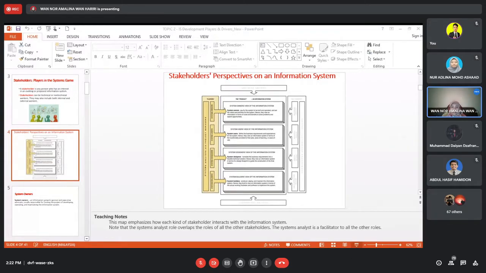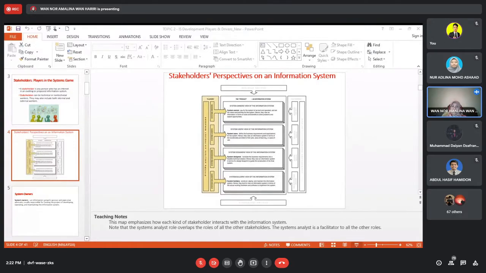They just design it. They don't build. The design blueprint produced by the designers will be passed over to the builders or developers to actually construct, deploy, and maintain the IS. So when we talk about stakeholders, these are the people that are involved.